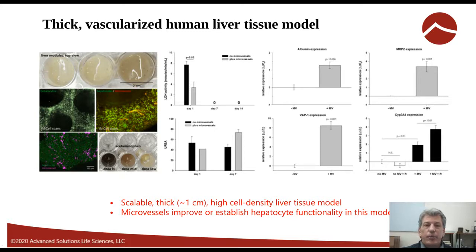And interestingly, where we're seeing our microvessels play a role is not so much in base functions such as urea production, but in cytochrome P450 upregulation, as well as bile salt transporter upregulation, etc. So really, our vessels seem to be adding to the refined functionality of the tissue, in addition to enabling this thicker tissue environment.